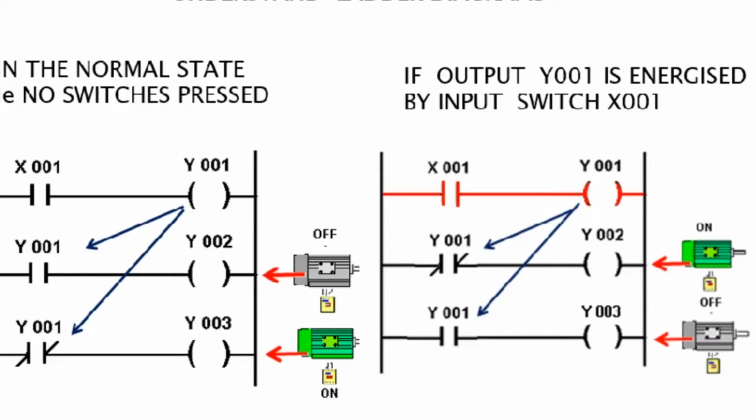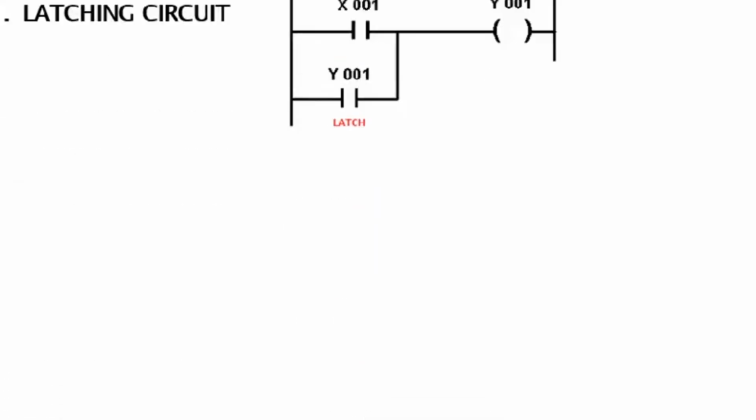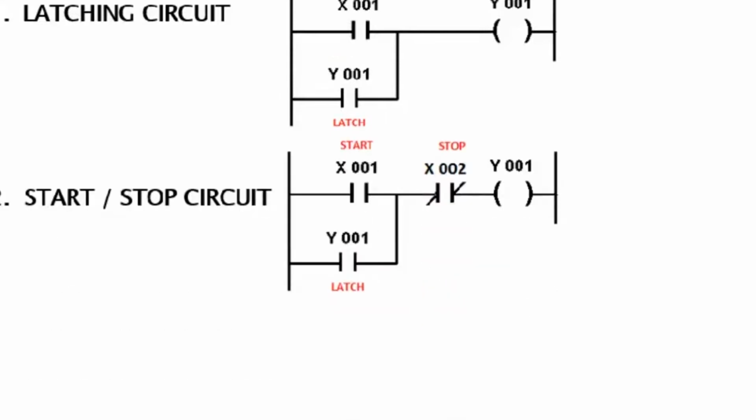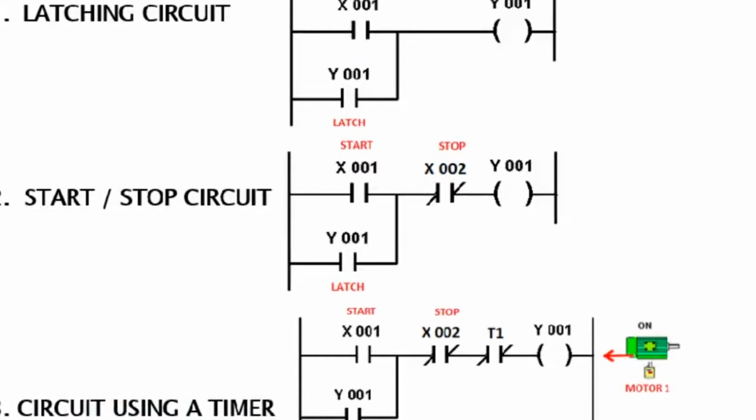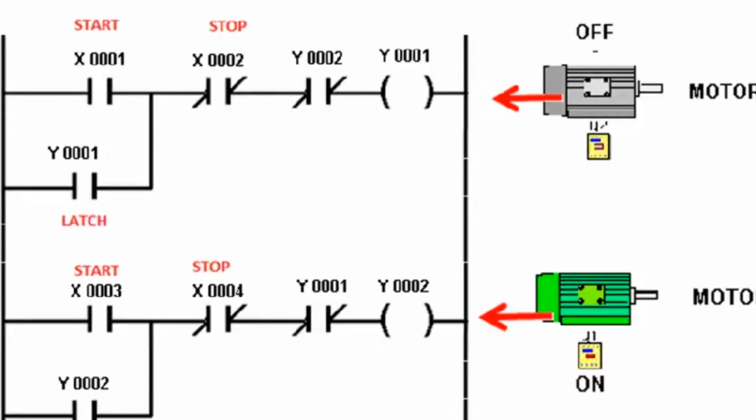As I said, for this particular lesson, I'm going to look at four basic diagrams: your latching circuit, your basic start-stop circuit, your circuit using a timer, and one of the very important circuits, your interlocking circuit.